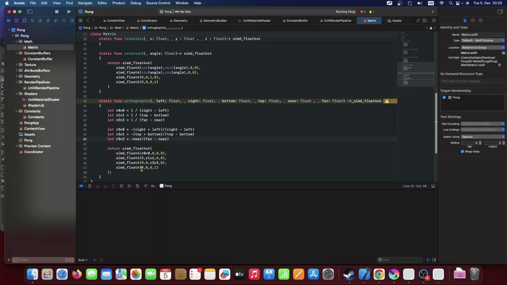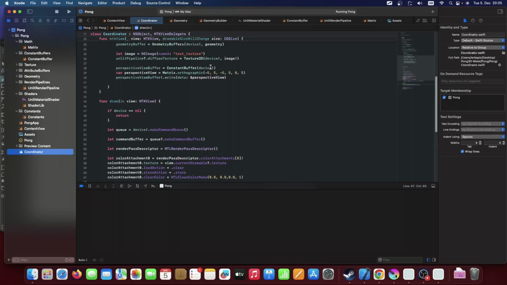And then we can just use them here. R3, C0. And I think we're good here. Something here is complaining. Fix.